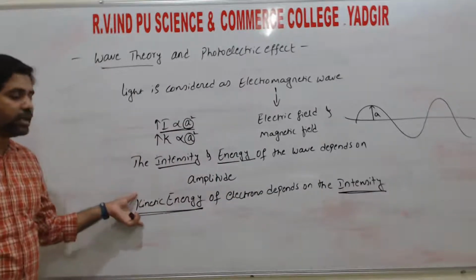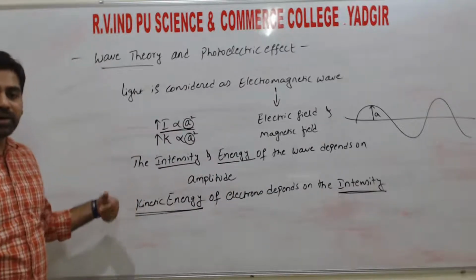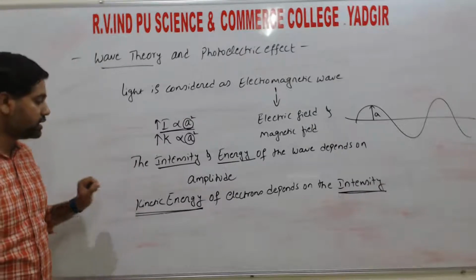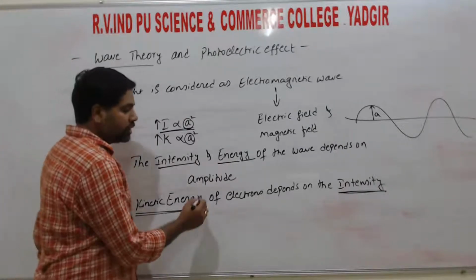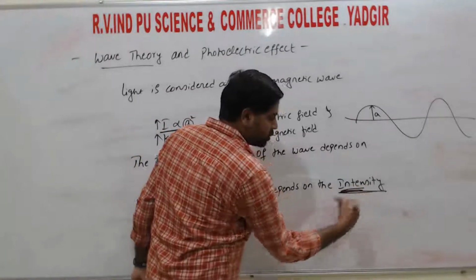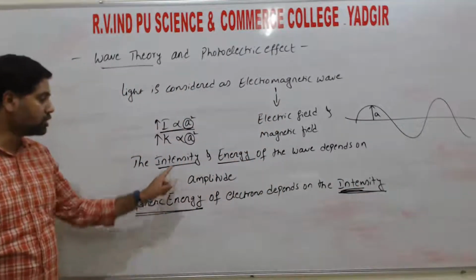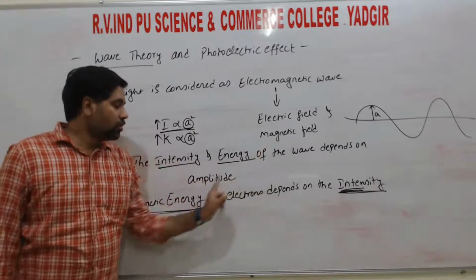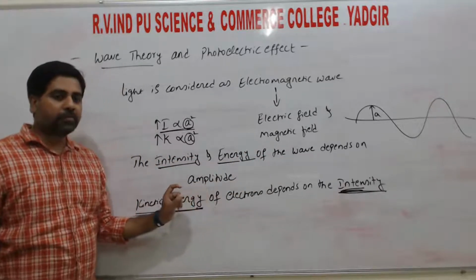So this statement is a contradiction to what we studied in experimental observation. Wave theory states that the kinetic energy depends on the intensity, because the intensity and energy both depend on amplitude, right?